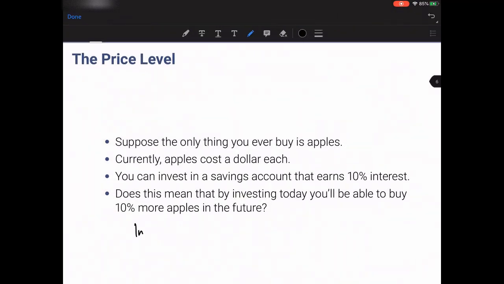So in general, I'm going to write it down: no. The reason is that purchasing power changes if inflation changes.